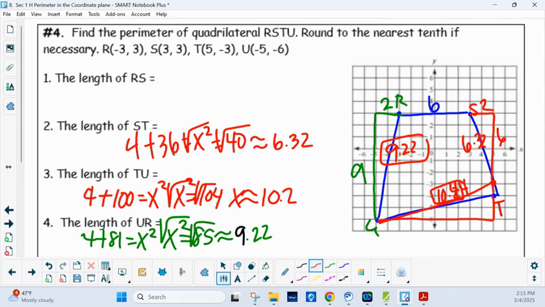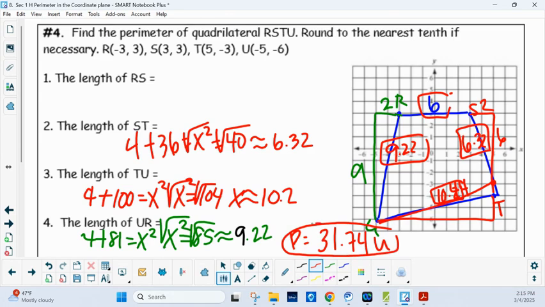Okay. 10.44, 6.32, and 9.22 and 6. I think it's 31.98? Did I hear you right or no? Is that right?